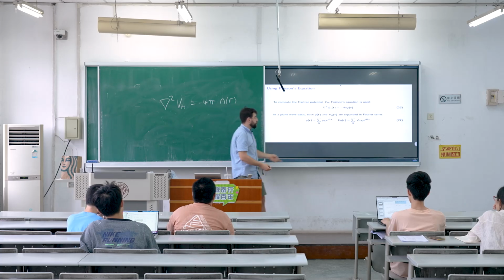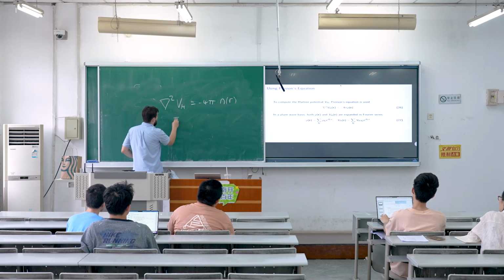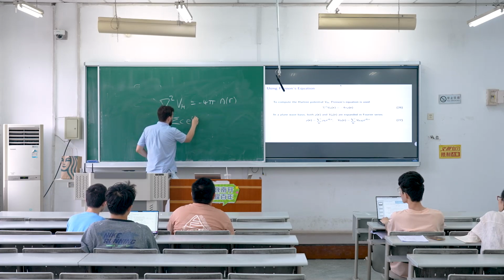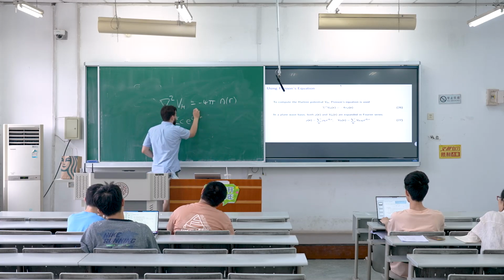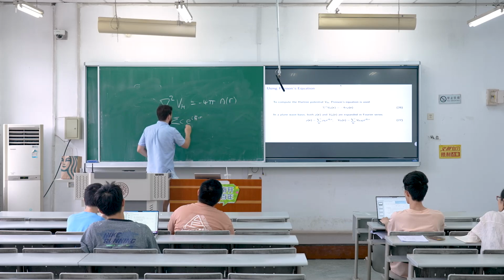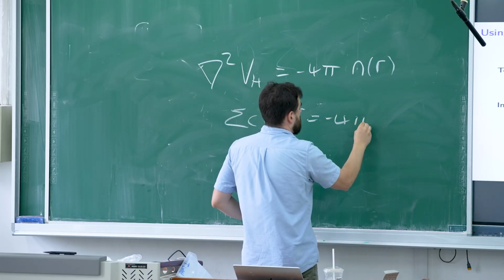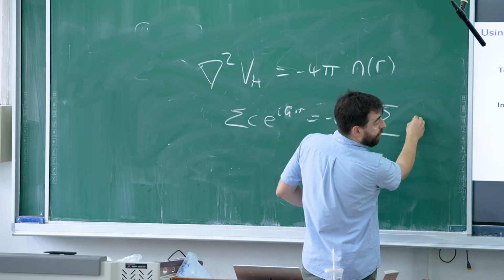So if you just write that in, we're summing this part, we've got some coefficients, and we've got some plane waves. Write it the same. So we've got some other coefficients here.